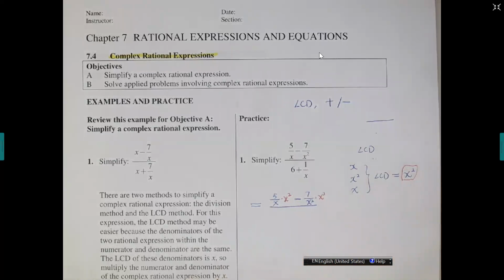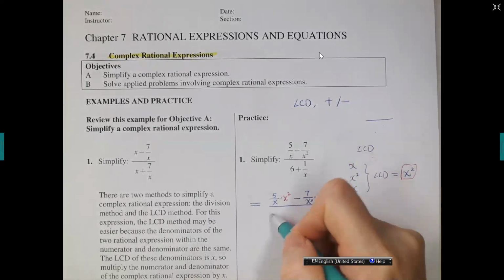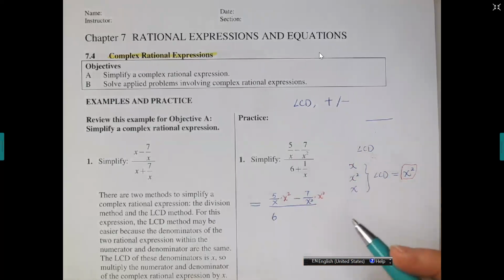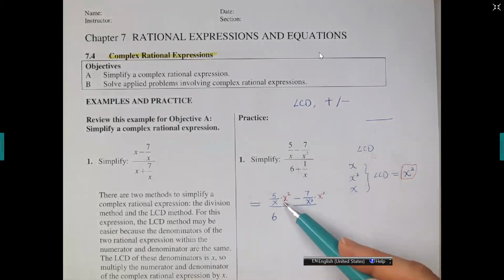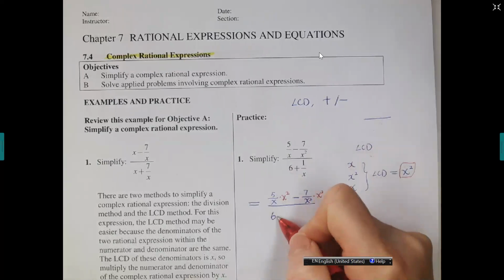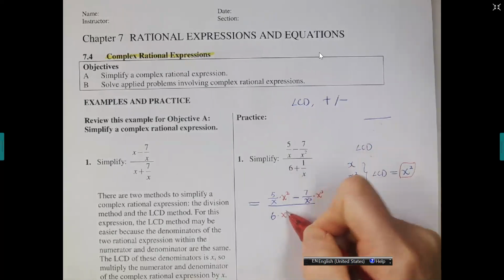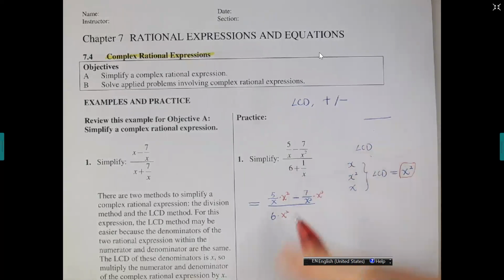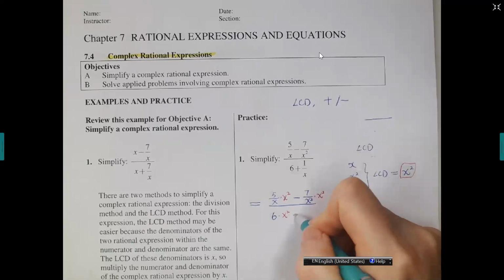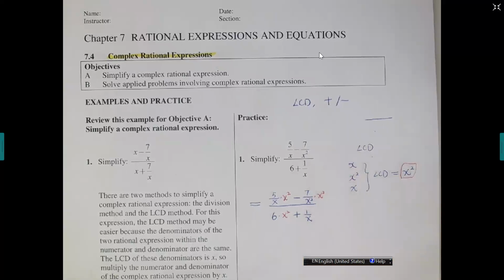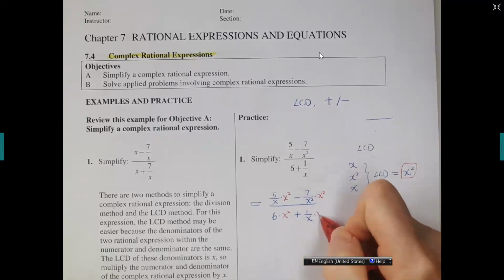Okay, and now let's look at the denominator. So the first term is 6. The 6 does not have a denominator. Do we have to multiply this as well? The answer is yes. So every term should have the same right to multiply that LCD. And the last one is positive 1 over x, and then times x squared.